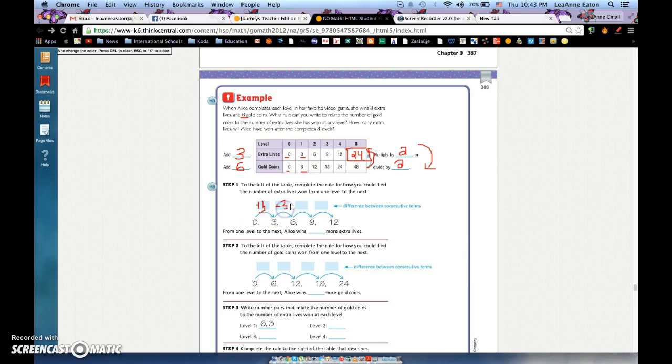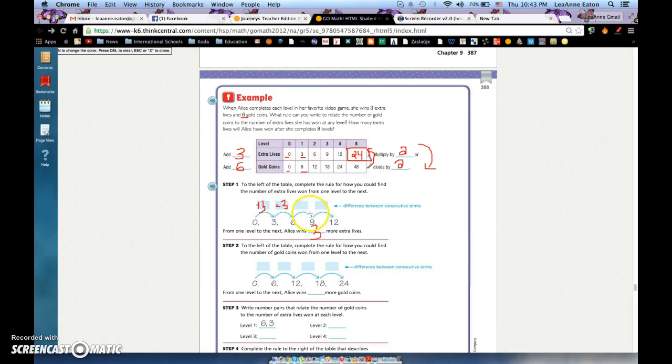Let's pretend I wrote plus 3 all the way across. From one level to the next, Alice wins 3 more lives. So we could have just continued going 3, 6, 9, 12, 15, 18, 21, 24. We could have gone ahead and counted all the way until we got to the 8th level.